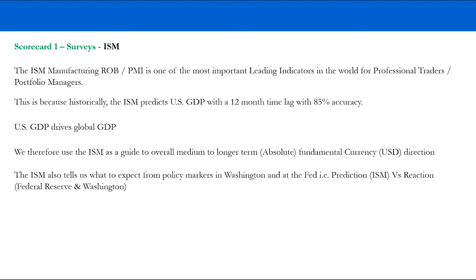And this is important. It's important not to forget that we're looking at everything here in an endogenous format. So we're looking at the ISM and saying, well, if it's growing, that's good for the US economy. If it's contracting, that's potentially bad for the US economy. If it's growing, then slowing, that's good, but not as good as previously thought.